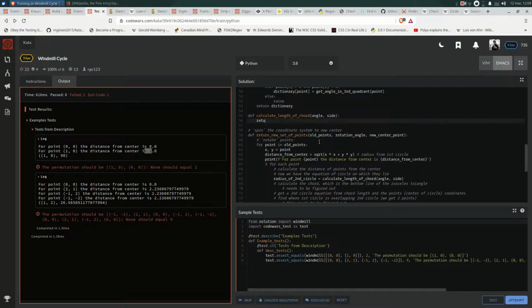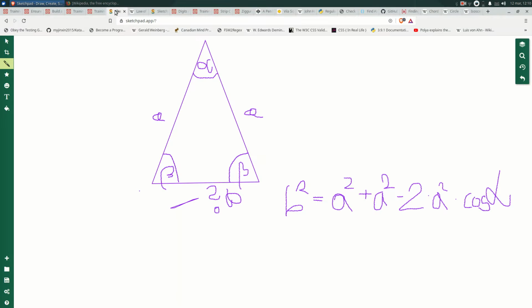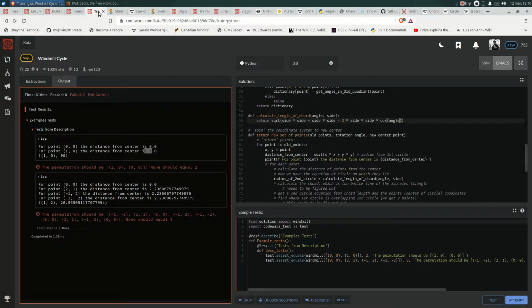And here we just return square root of side times side plus side times side minus 2 times side times side times cosine of angle.